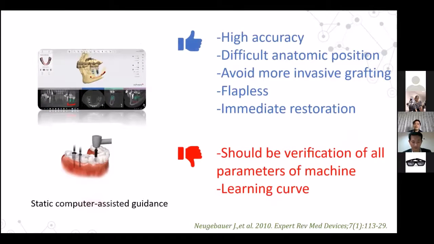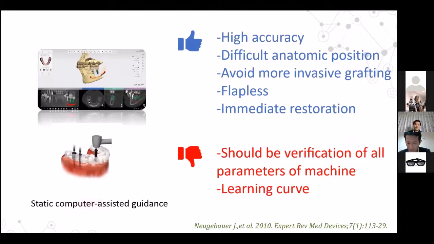The advantages of the static computer-assisted guidance are the high accuracy in difficult anatomical positions, avoiding more grafting, doing flapless surgery, and maybe immediate restoration.